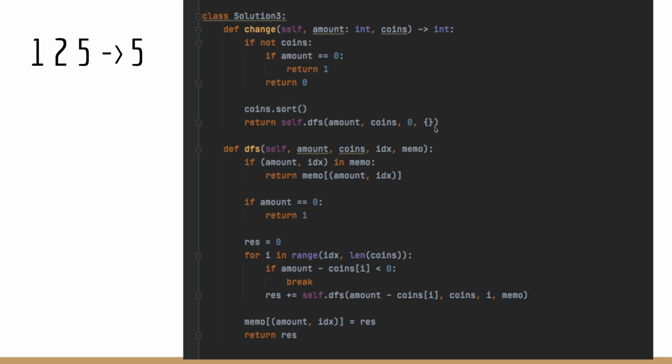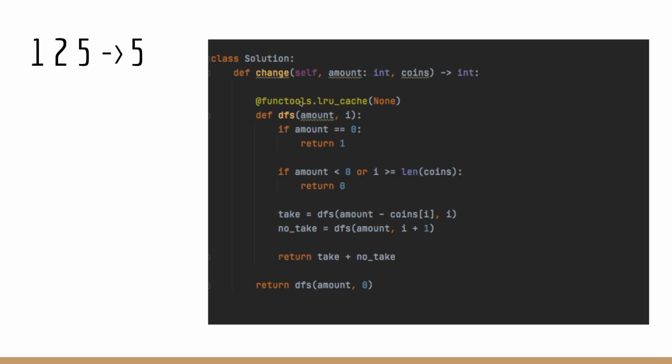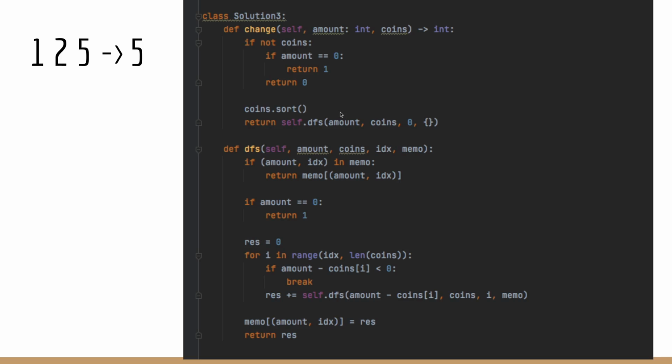So we pass a hash map right here just to cache the values that we already calculated. In the last problem, we used the Python trick functools lru_cache to cache, but now we're just going to manually cache it. And what are the variables? The index, where we're up to, which items have already been picked, and which items haven't been picked.